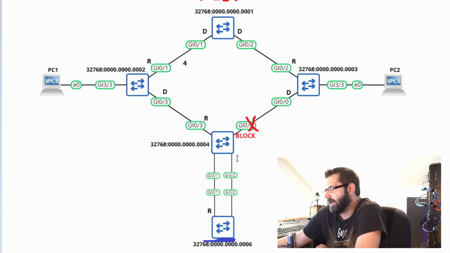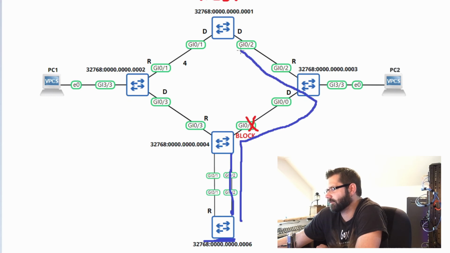So we'll look at the lowest cost. We'll start with the lowest cost to the root bridge, best path. And to figure out the designated port right here, there should be no tiebreaker. Because if we look at this link, just like I showed you up here, it's between these two switches. So which one has the best way to get to the root? This switch could go up here, cost of 4, so now we're at 8, cost of 4.